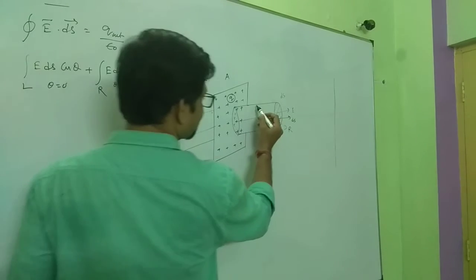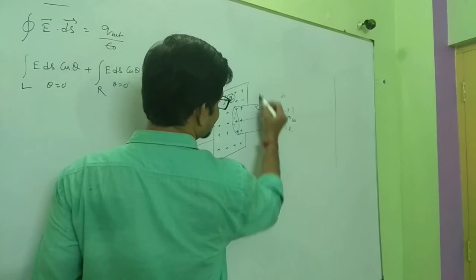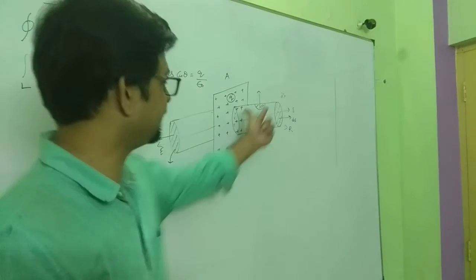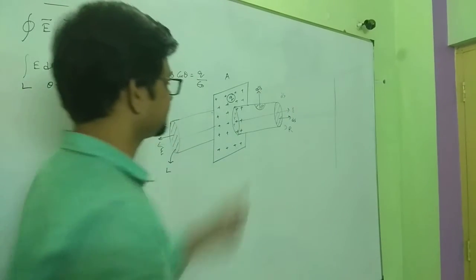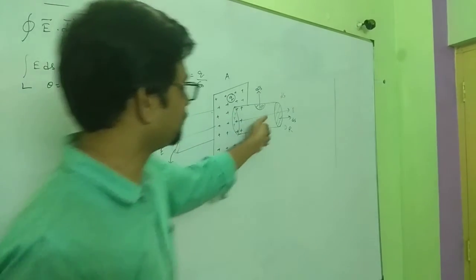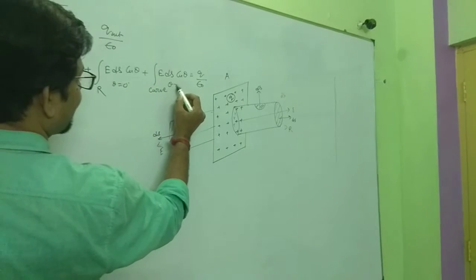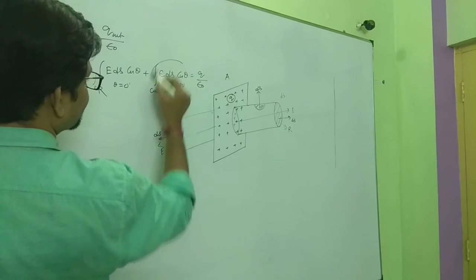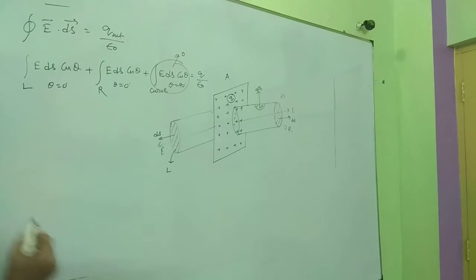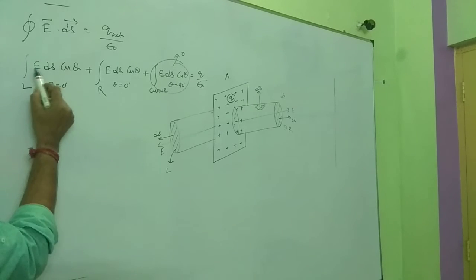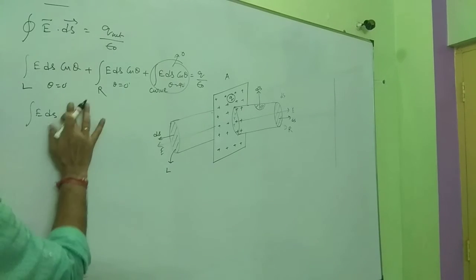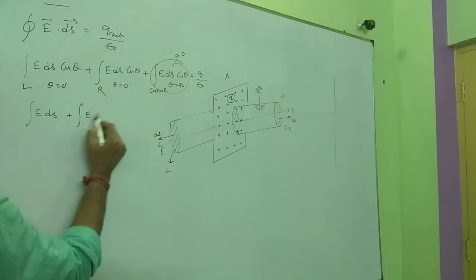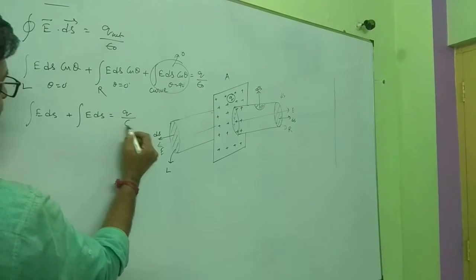But for the curved surface, if you take some area ds, it has a perpendicular direction, so ds and E will be 90 degrees to each other. So theta will be 90 degrees and cos 90 is 0, therefore this entire term will be 0. So for the left surface it will be integration E ds, because cos 0 is 1. For the right surface also it is integration of E ds, and that is equal to q by epsilon 0.